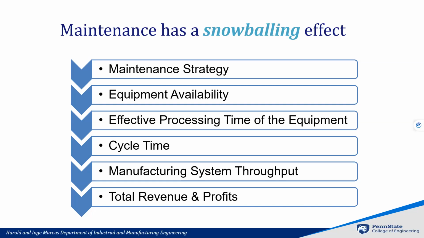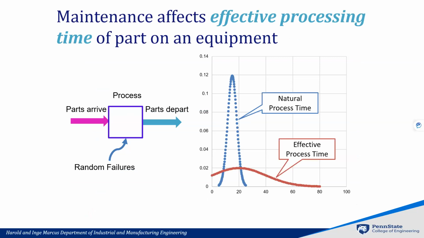So this is the kind of snowballing effect that we see when maintenance is not done very well. Bottom line, it impacts the manufacturing system throughput, therefore the total revenue that you can get from the system and the profits that you earn. So central to all of this, if there's one takeaway, it is this notion of effective process time.